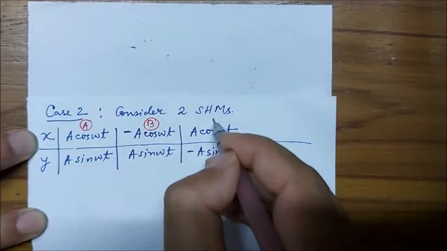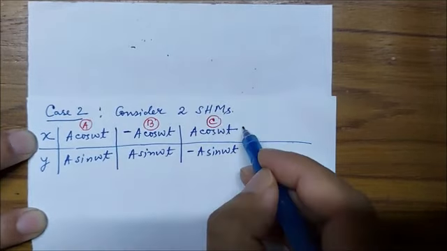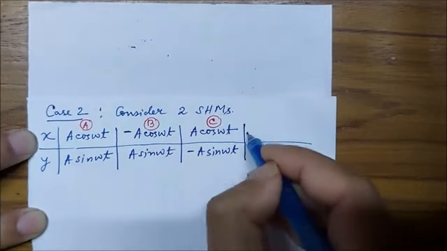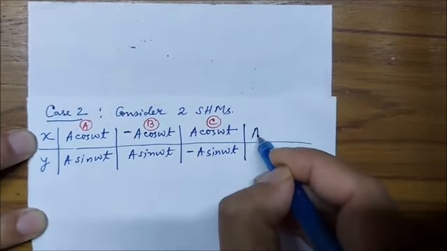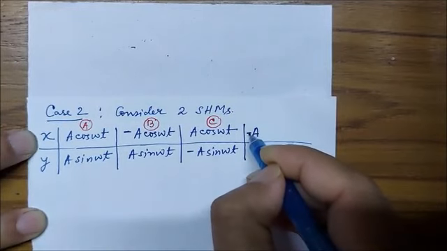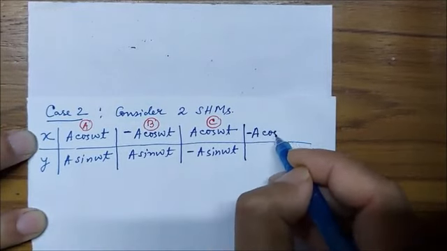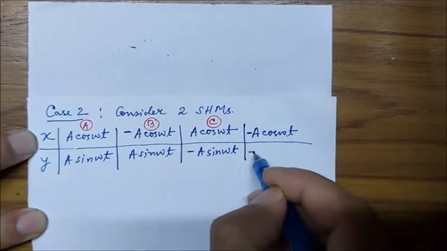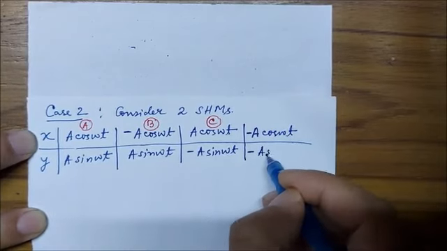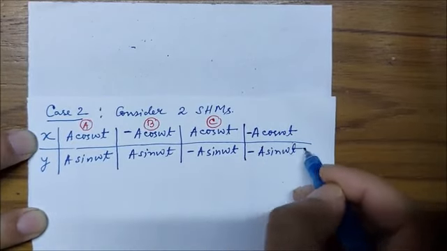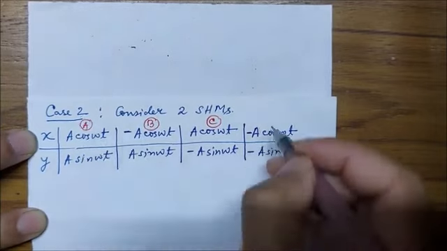Let us call it case 2c. And the fourth one is x is minus a cosine of omega t and y is minus a sine omega t. And let us call it case 2d.